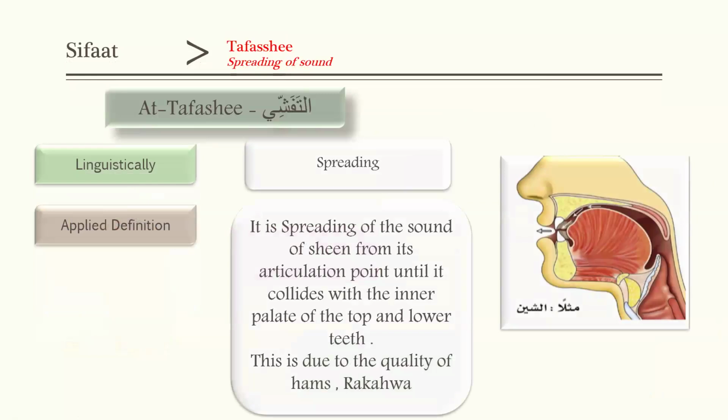It is the spreading of the sound of sheen from its articulation point until it collides with the inner palate of the top and lower teeth. So it's just a wider articulation point that is giving us the tafashi. And obviously this has to do with hams and rakhawa.